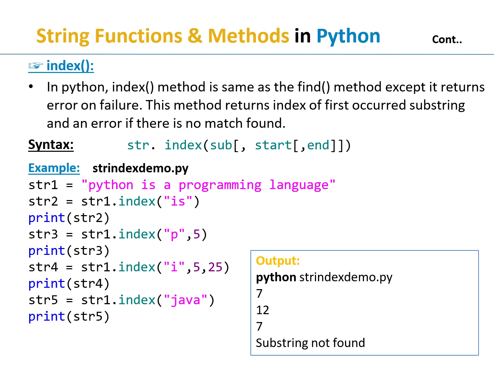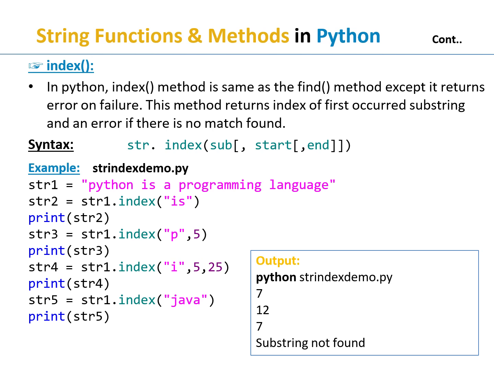Here, sub is the substring to search for, which is required, start is the index to search from, and end is the index to stop at. It works exactly like find, just with different error handling.